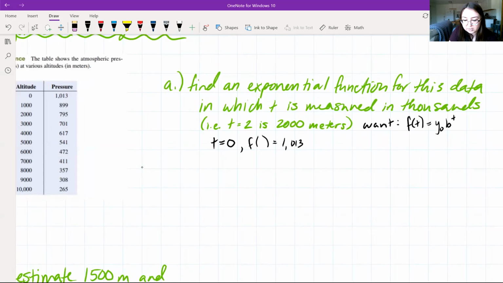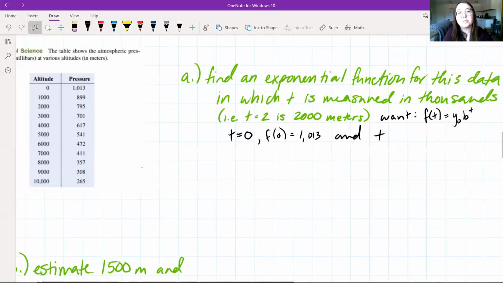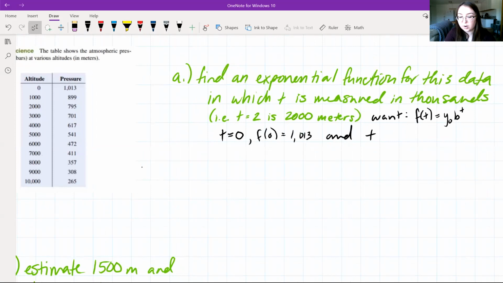Let's replace that t with 0. And let's do our first point and our last point, or our first values and our last values, so we get a good idea of all of the values in between. So we can use a wide range. We're going to start with 0, and then we're going to do our last one, which in our case is 10. So when t is 10, f of 10 is 265 millibars in our case.